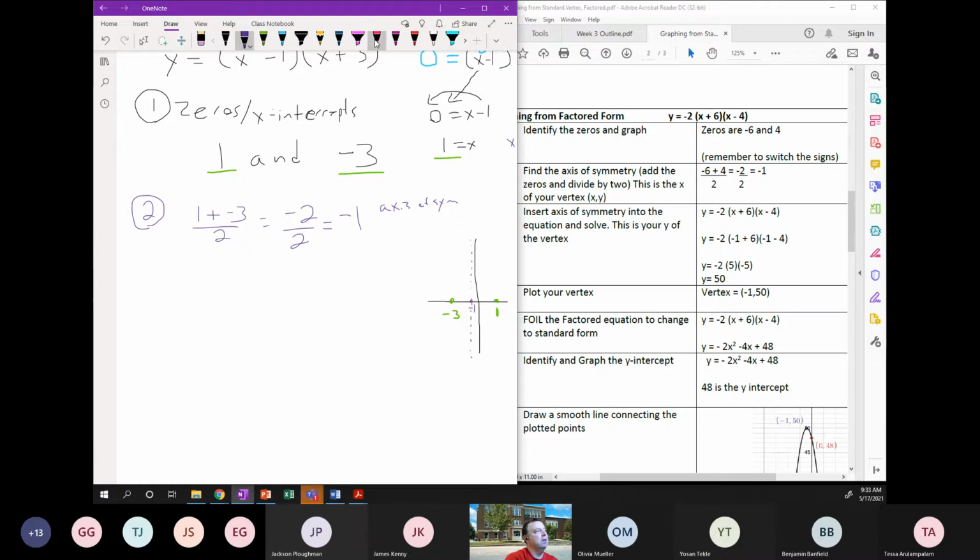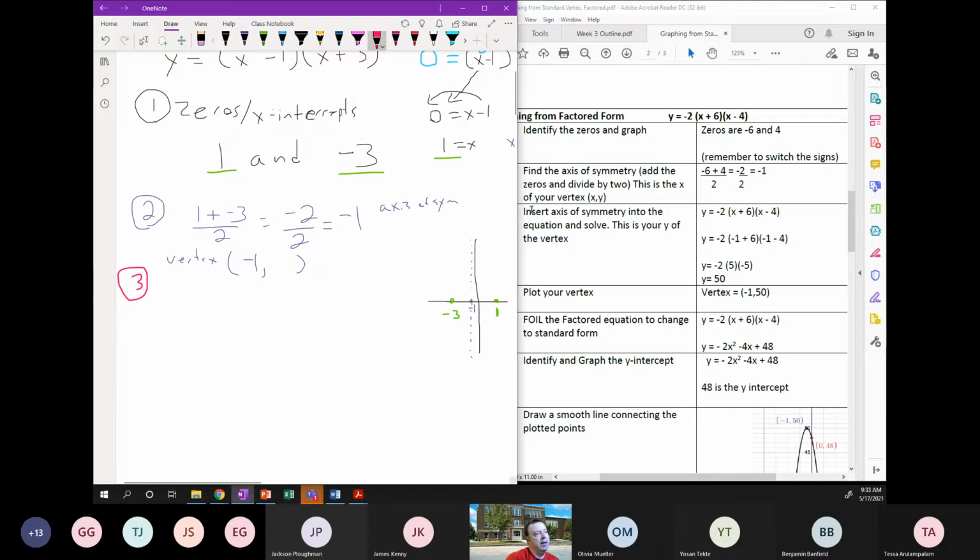Step 3. It says insert the axis of symmetry into the equation and solve. This is the y of your vertex. If I had to write down my vertex, the axis of symmetry is the x coordinate of our vertex.